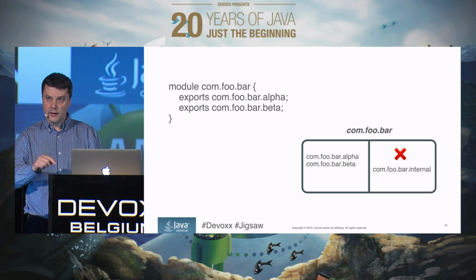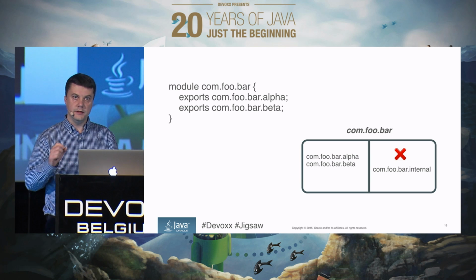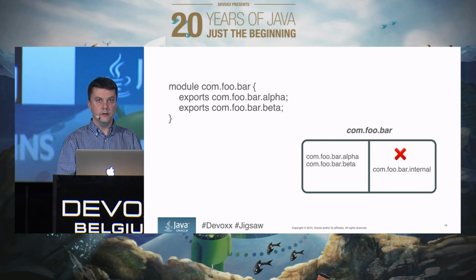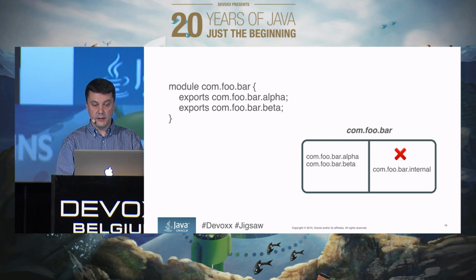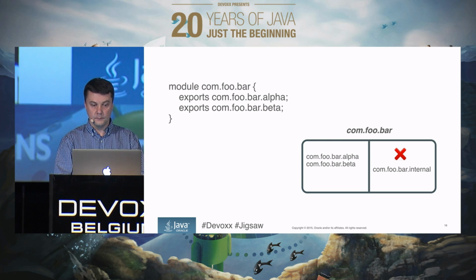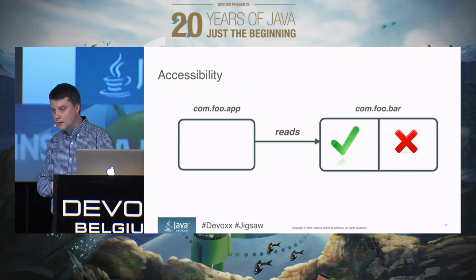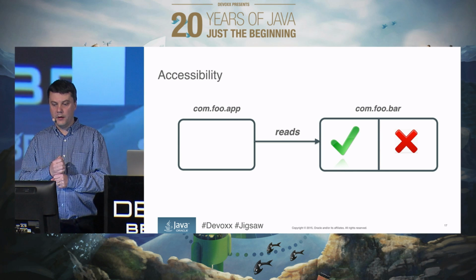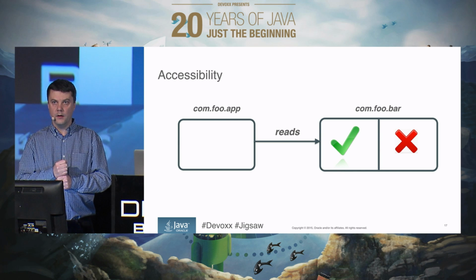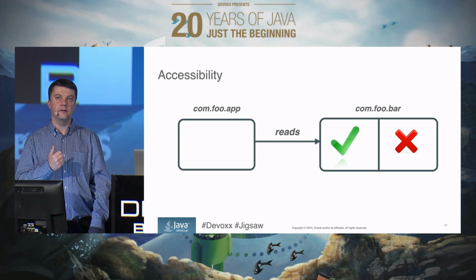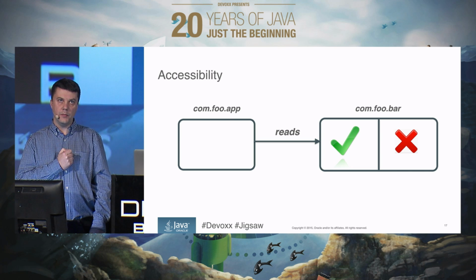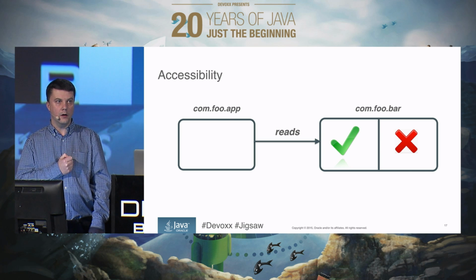Once we combine exports with the readability from the previous slide, we can start to reason a bit about accessibility. Our confu app reads confu bar. That allows it to access the public types in the packages exported by confu bar.